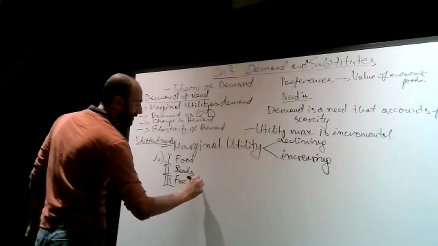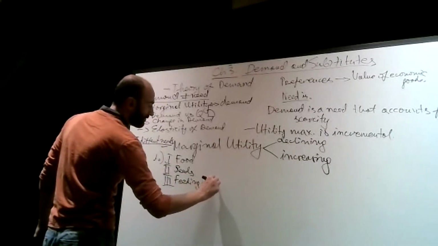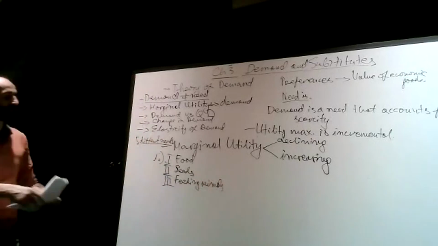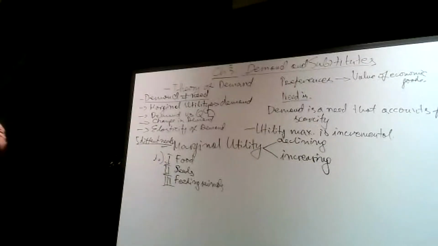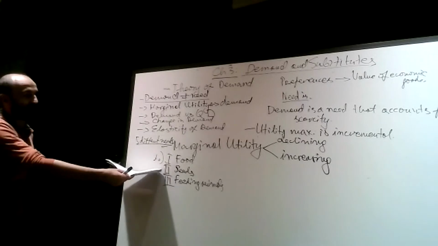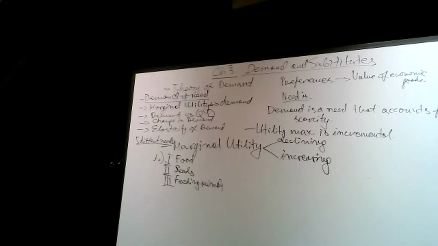Feeding animals. So all these are in descending order. The first one is the most important need that he has, that he can satisfy by using a sack of corn. Preserving it for seeds to plant next year is the second most important one. Feeding animals is the third one.